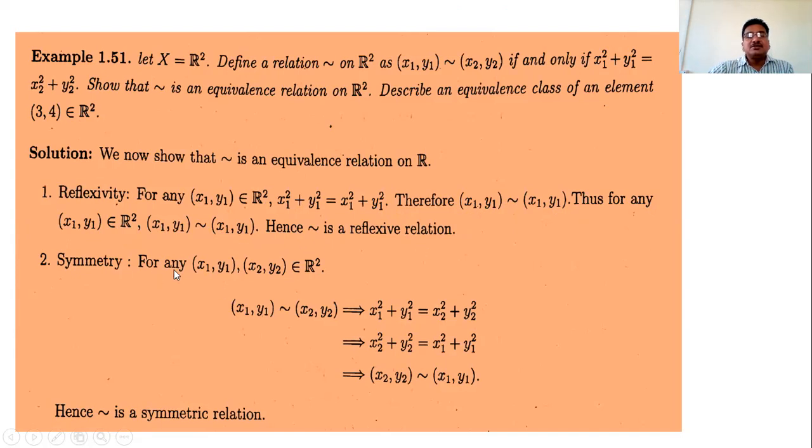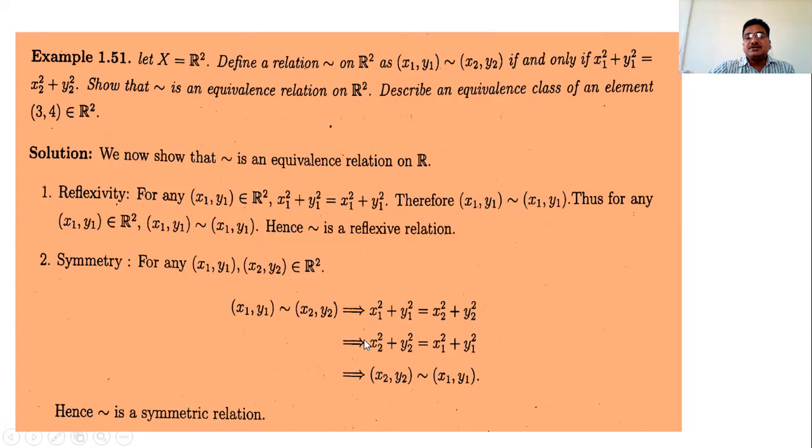The next condition, symmetric. Take two elements from R2, (x1, y1) and (x2, y2), such that (x1, y1) is related to (x2, y2). That is, the first element is related to the second element, and now we have to show the second element is related to the first element. So (x1, y1) is related to (x2, y2) implies x1 square plus y1 square is equal to x2 square plus y2 square.